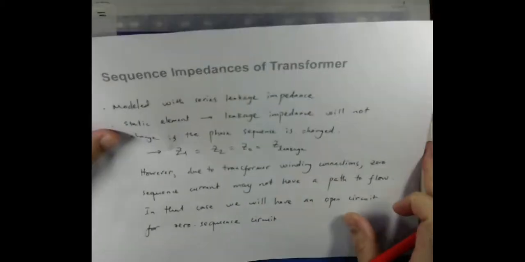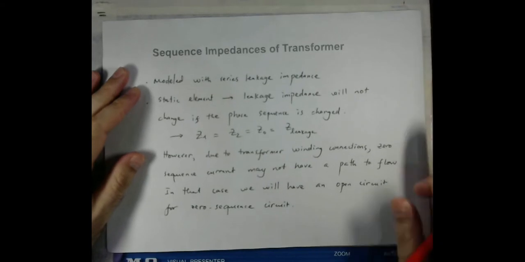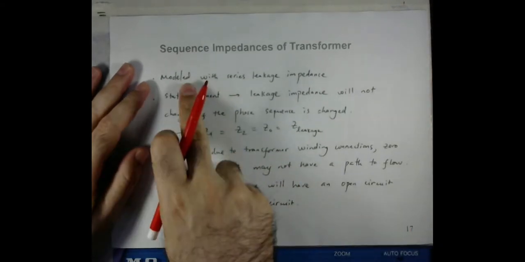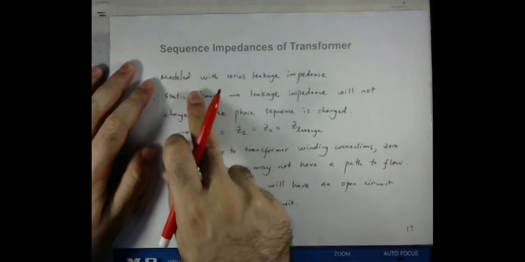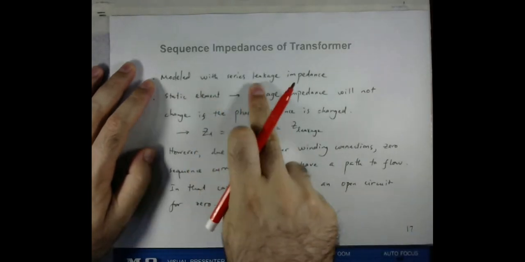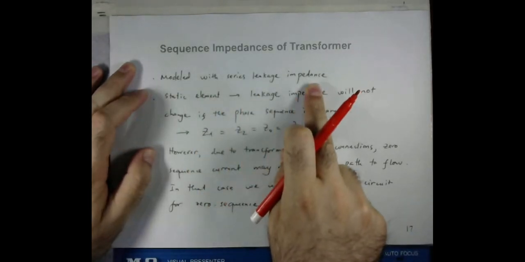So now we will start the discussion with the sequence impedances of the transformers. First of all, the important point is that transformers are modeled with series leakage impedance only.